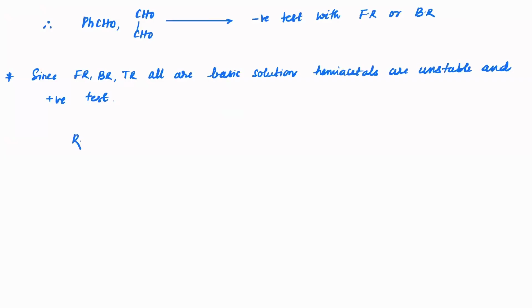For example, if you have R, CH, OH and OCH3, this is a hemiacetal. If this hemiacetal is treated in basic medium, it will be unstable and convert back into an aldehyde plus alcohol.